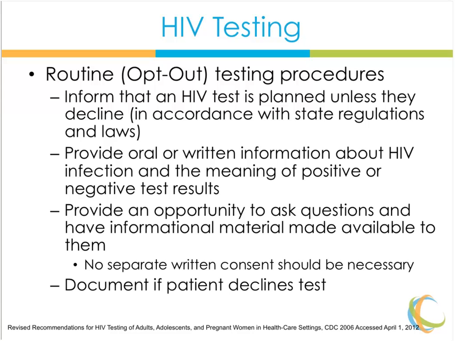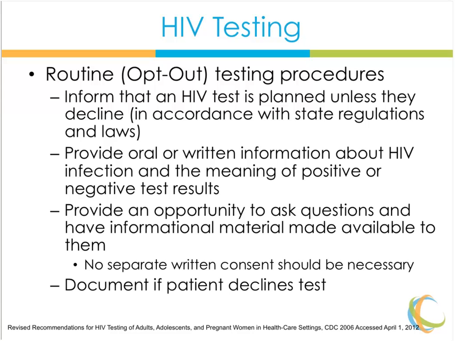And remember that, again, this is going to vary from place to place and state to state, but no separate written consent should be necessary. And it's really important also to document if a patient declines the test. Important to document why the patient declined, and of course whether or not the patient declined.